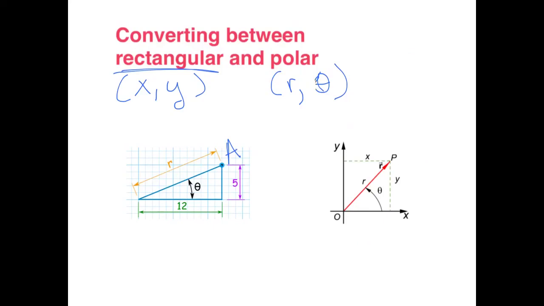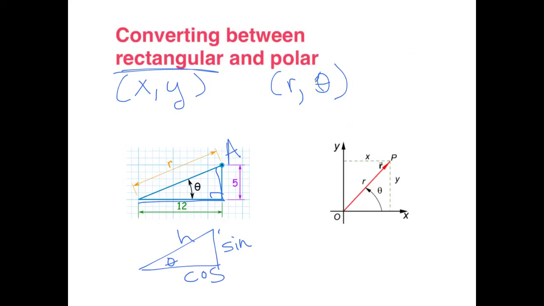I would have to break it down into an x and a y component. So I would use the fact that it forms a right triangle. I know this hypotenuse, and I know the angle, so we could use sine and cosine to find x and y: cosine for x, sine for y.